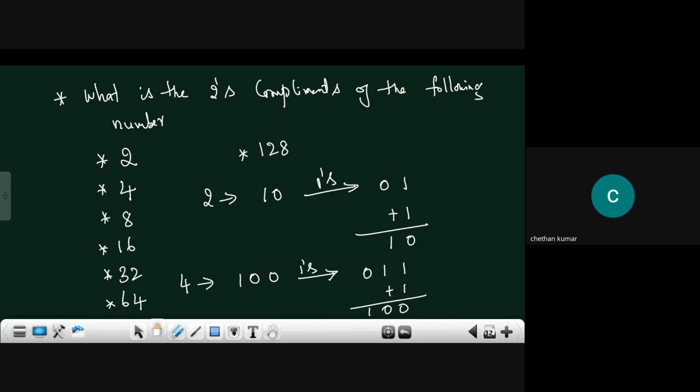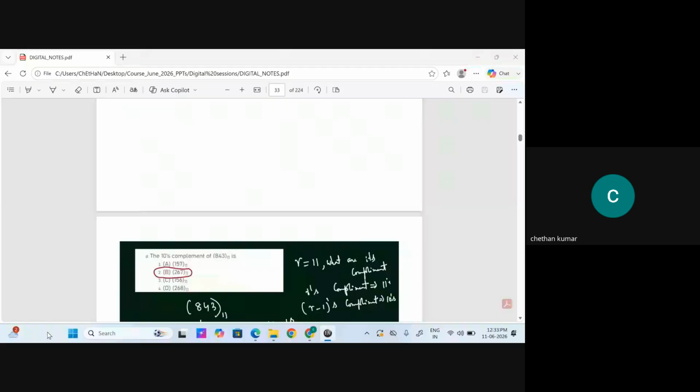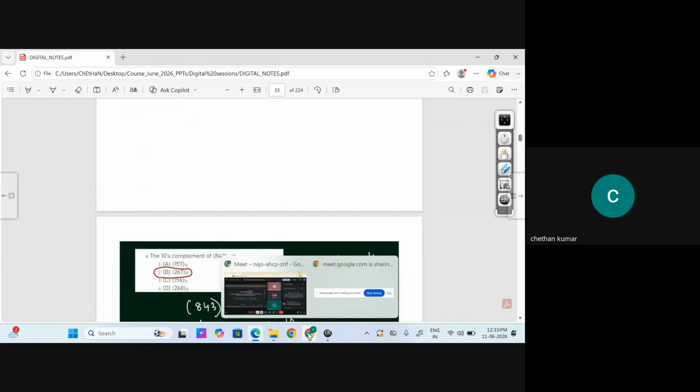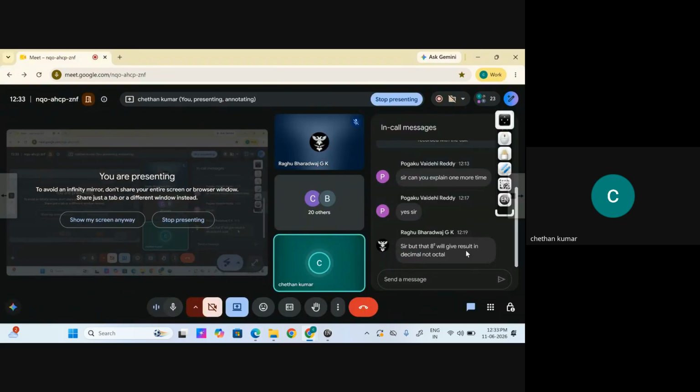They'll give the question, but you should apply your knowledge and try to solve it. If you're not able to solve, they'll help you. So with this, I will stop. Tomorrow you will continue with the complements of number systems. Any question before we stop? Okay, let me stop here. We'll continue in the next session.